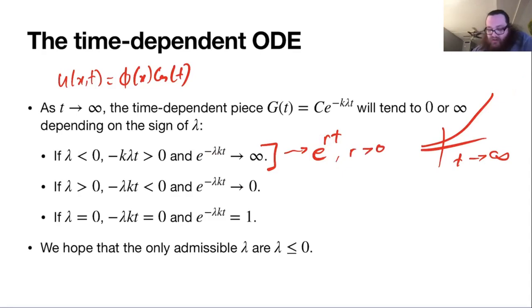Okay, and so already here, we might be thinking, well, maybe physically that doesn't make a lot of sense, right? So if lambda is negative, what this is saying is that our time-dependent piece is just going to blow up, going to infinity. And so unless phi is identically 0, if phi is non-zero anywhere between 0 and L, then fix that point x, let t go to infinity, g of t is going to go to infinity, so then the temperature is going to go to infinity as well.